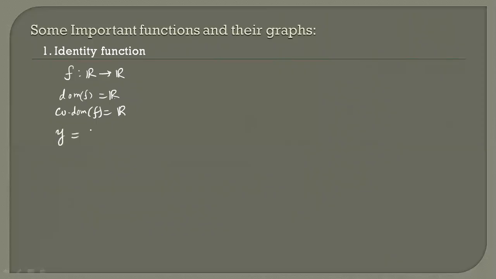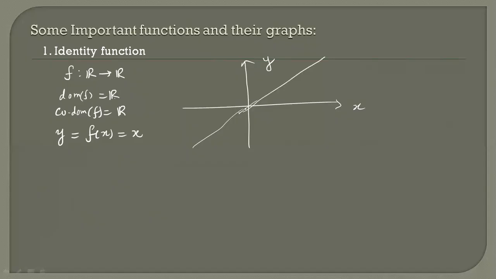And the function f(x) is given to you, f(x) is equal to x. Then this is called the identity function. When y and x both are the same, it is called the identity function. If you draw the graph of this function, it is passing through the origin. y is equal to f(x) equal to x. This is your identity function.